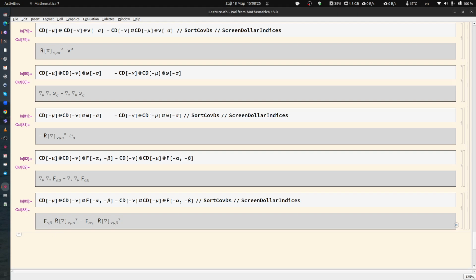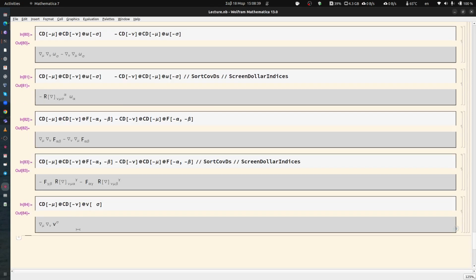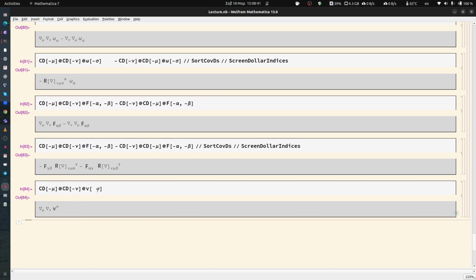Now another function that can be used in expressions is the one that commutes the derivatives on a particular term. So let's take this action of two derivatives on the vector v. Then there is the function which is called CommuteCovDs that takes an expression in its first argument. Then we have to explain to it which covariant derivatives we want to commute.